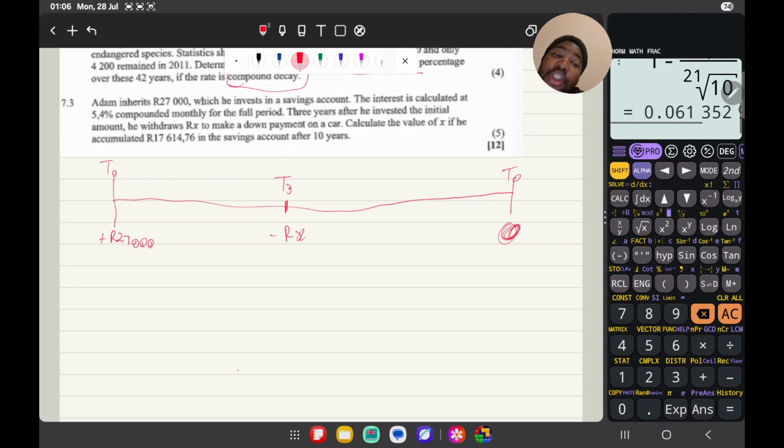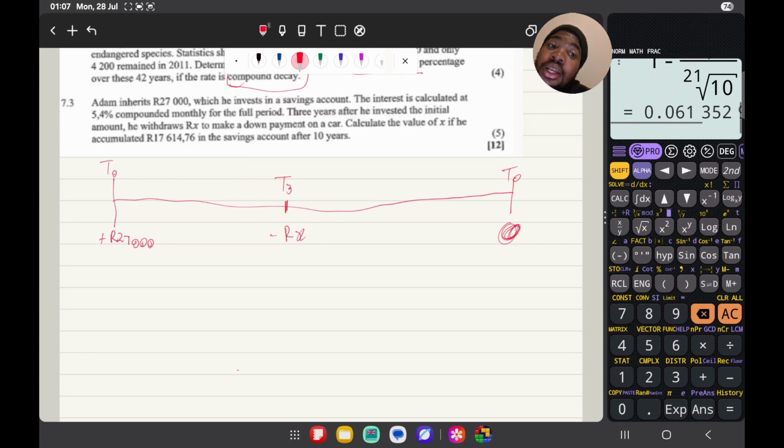Remember, you have 27K in the savings account for 3 years, and we have all the tools to calculate how much that is going to be.